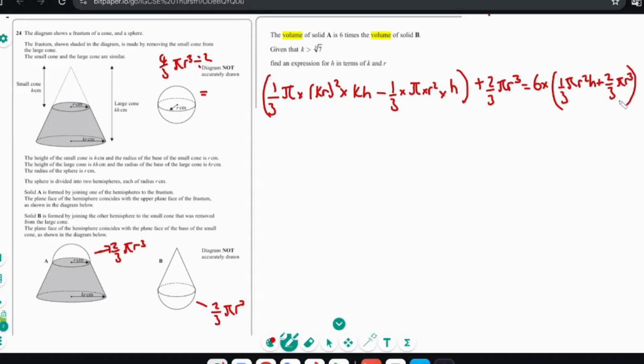Okay, you've just got to be very careful here that you deal with the algebra correctly. I'm going to simplify the bit in the brackets first for the frustum. kr times kr is k squared r squared.